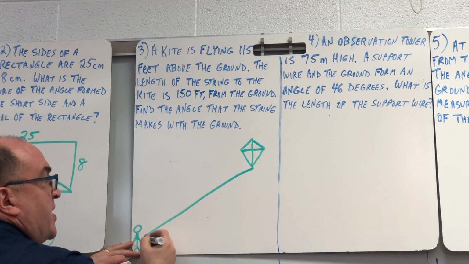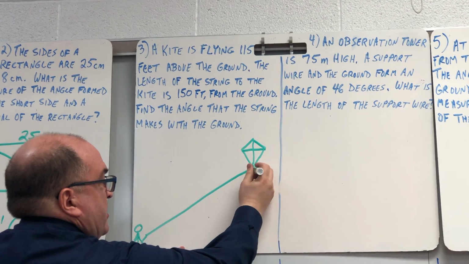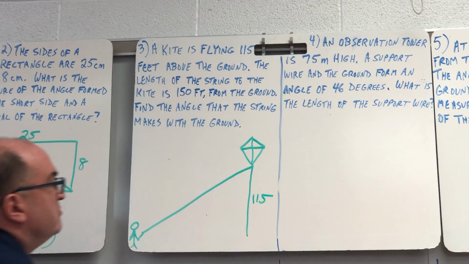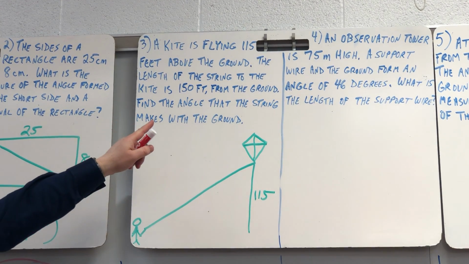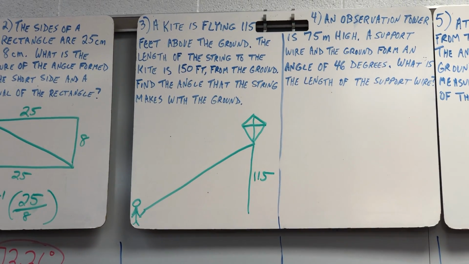And it's 115 feet above ground, meaning this here is 115. The length of the string to the kite is 150 feet.